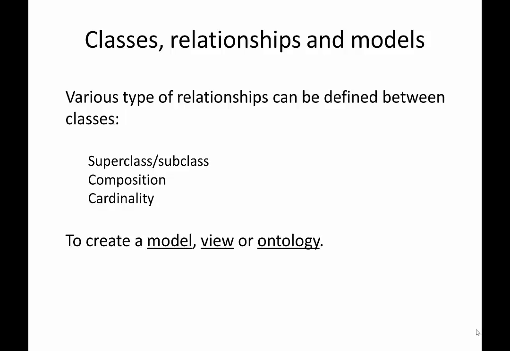The classes that you choose, the attributes that you set to classes, the methods that you can apply to classes, and the relationships between the classes together create what we could call a model or a view, or in computer science terminology, an ontology of the world.